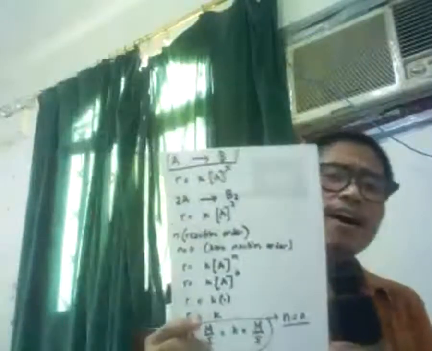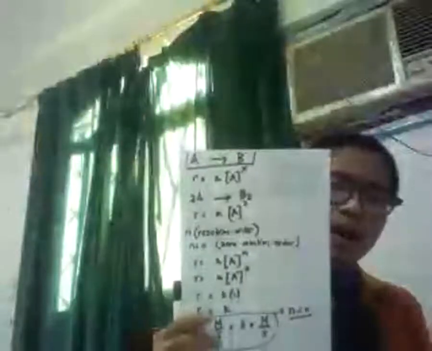n equals 1. Reaction order equal to 1. Meaning to say, overall reaction order, because A will just produce B. So r equals k times the concentration raised to the power n, or 1.